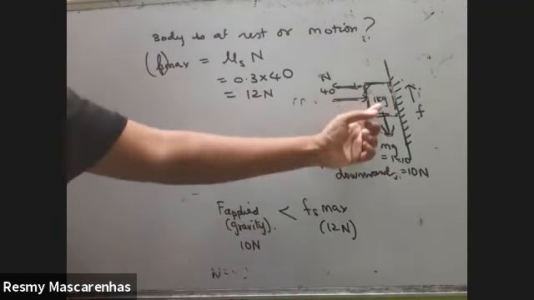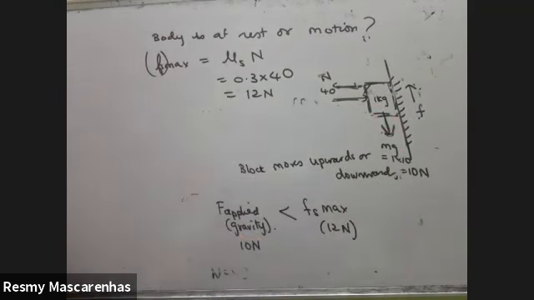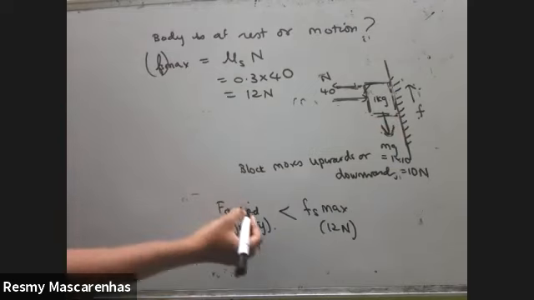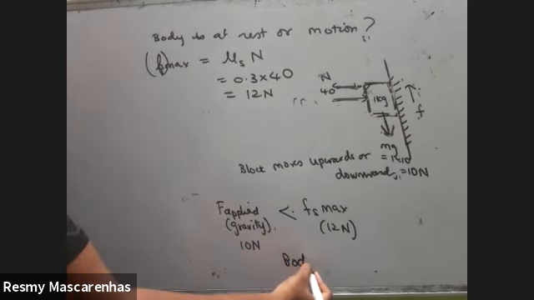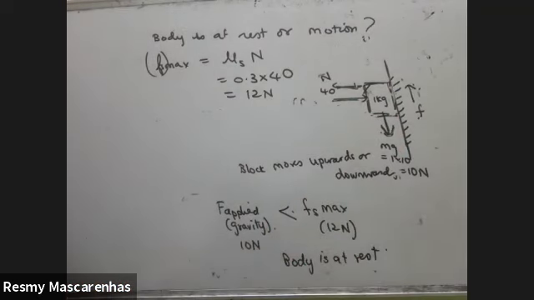The gravity is not able to pull it down because the frictional force is 12 Newton. So this is less than that, the body is at rest. The acceleration will be 0.